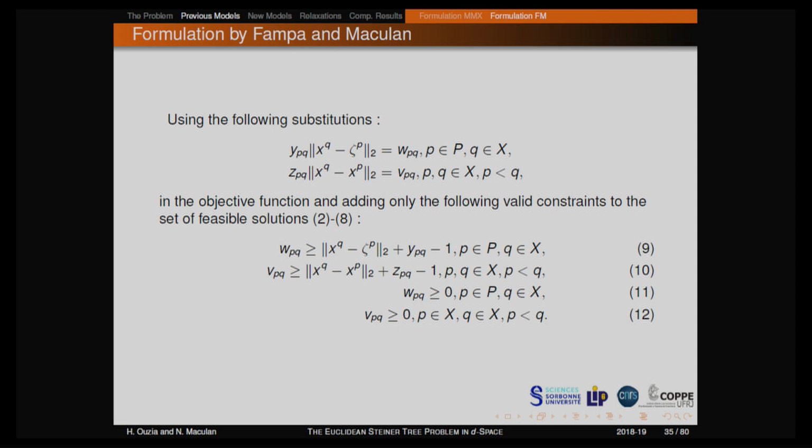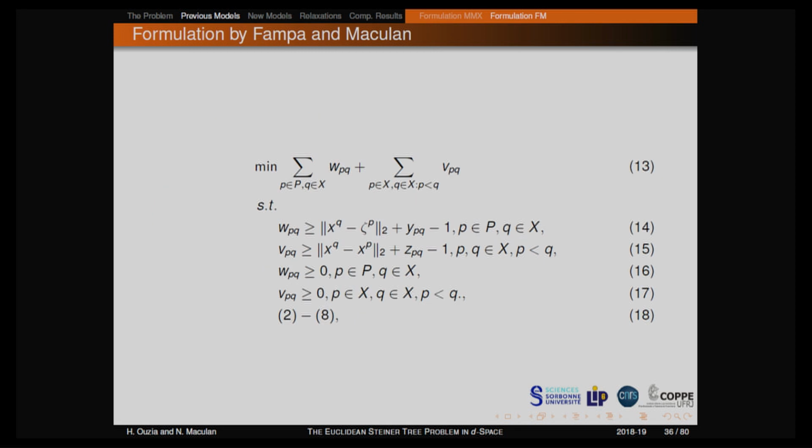Of course, this is not very interesting, but it's a kind of model, because what it means now is that I transform my problem, and the model will be something like that.